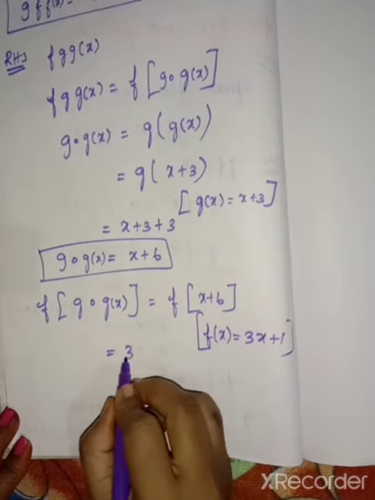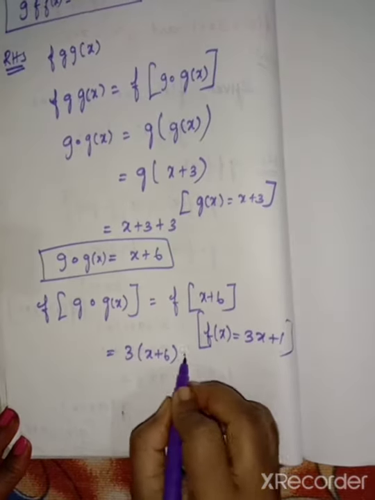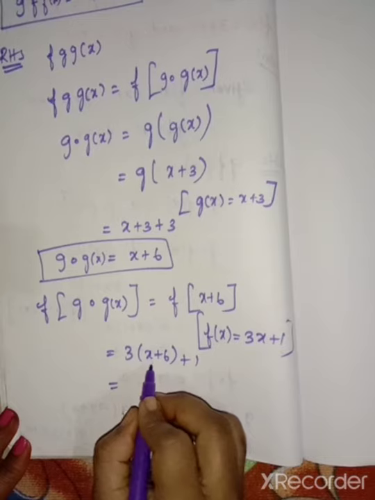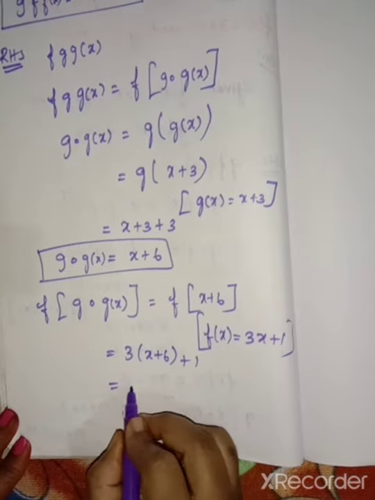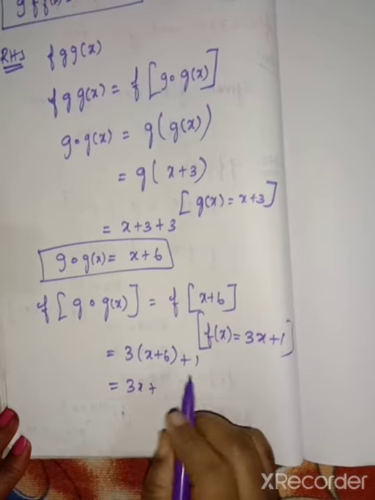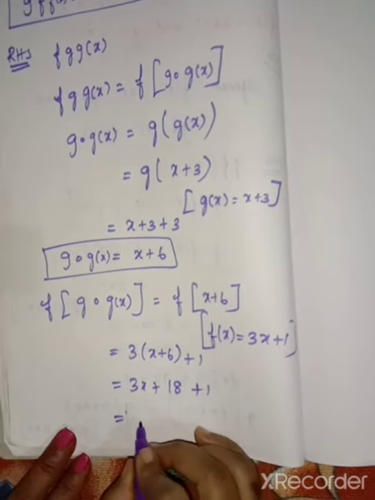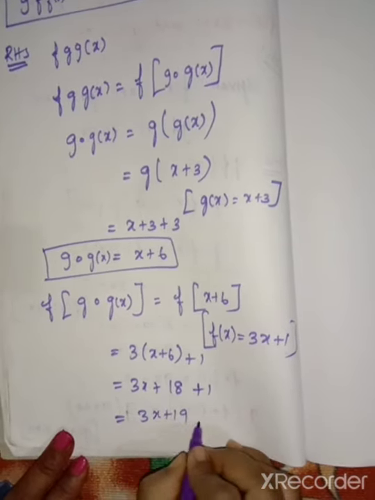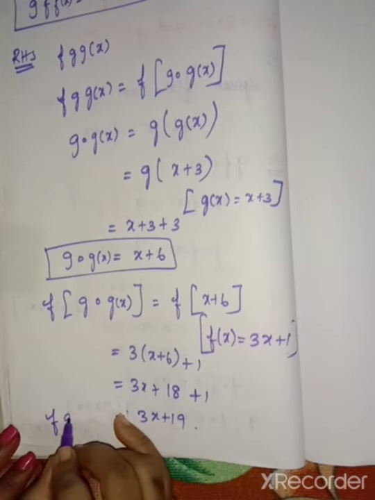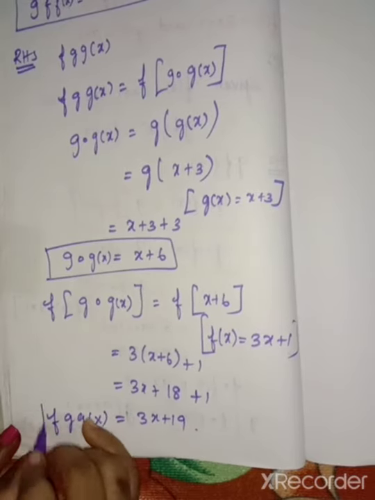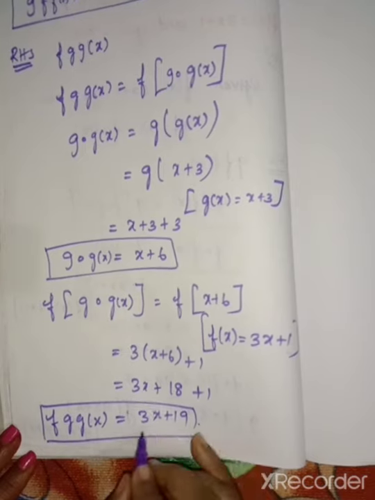So 3 into (x plus 6) plus 1. Now we multiply: 3x plus 6 threes are 18, plus 1. So we can write 3x plus 19. This is f of g of x. So we want to find x.